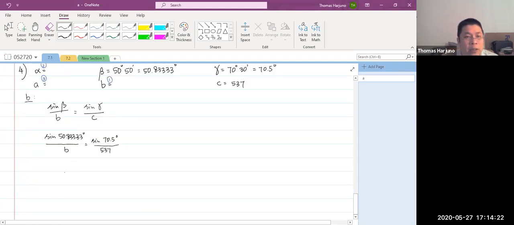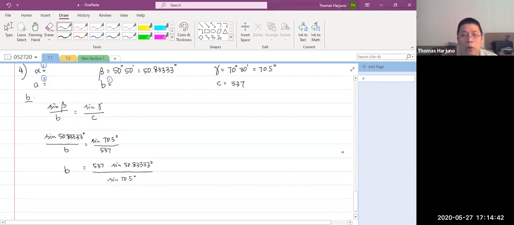Therefore, side B is 537 sine 50.8333 degrees over sine 70.5.